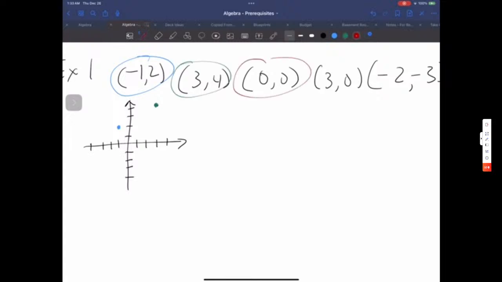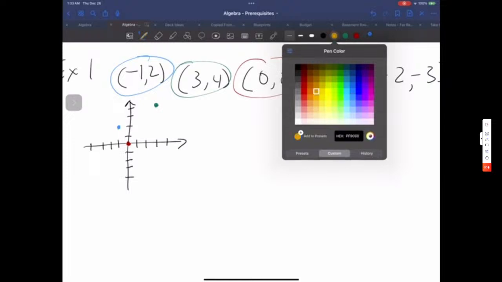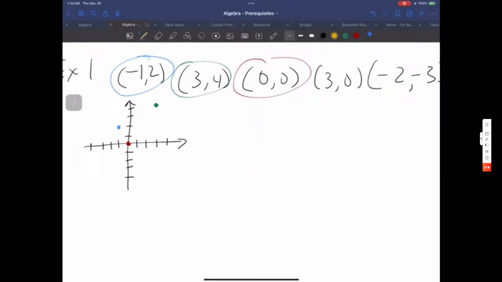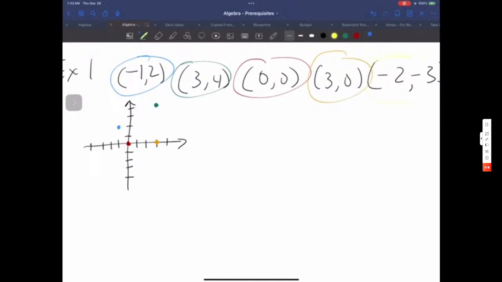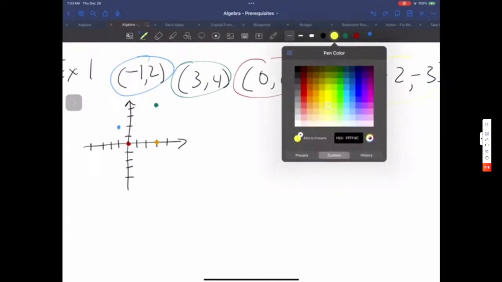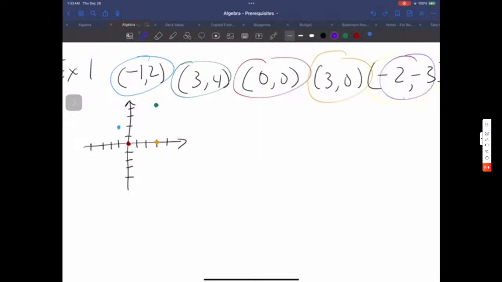Red is going to be 0, 0, which we said was the origin. Orange is going to be 3, 0. And I'm going to say yellow is going to be -2, -3. Well, yellow is not visible. I'm going to say purple is going to be -2, -3, right? So that's where all those points would lie.